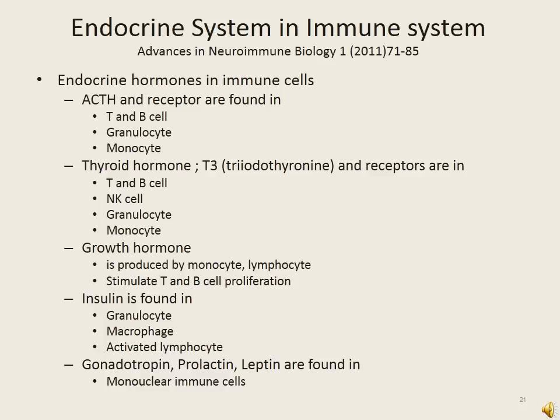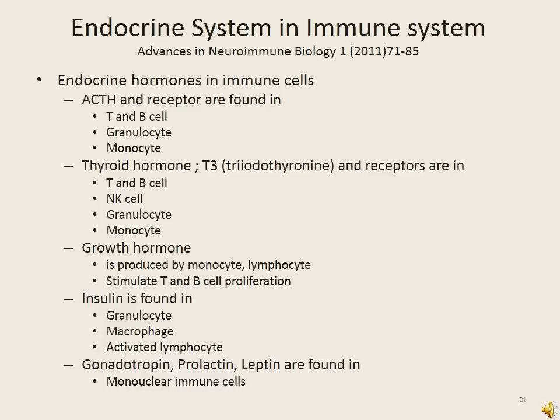Next, for the thyroid hormone, the T3 or triiodothyronine, immune cells, the same set of immune cells as for ACTH, can produce T3 as well as express the receptor.